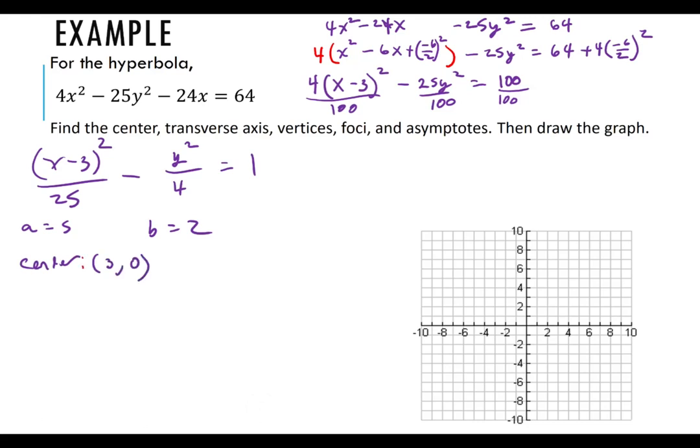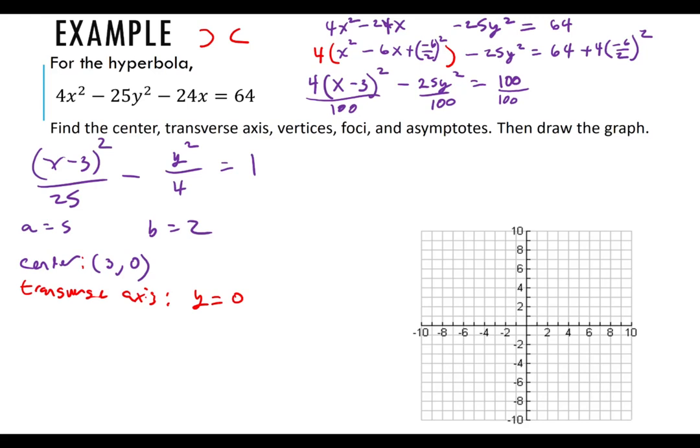And so since our center is (3, 0), the transverse axis, well, recognize that the x stuff is not being subtracted, and so this opens horizontally. And so to keep myself on track, it opens this way. And so my transverse axis is y is equal to 0. Then let's mark my center, and then we can find the foci.